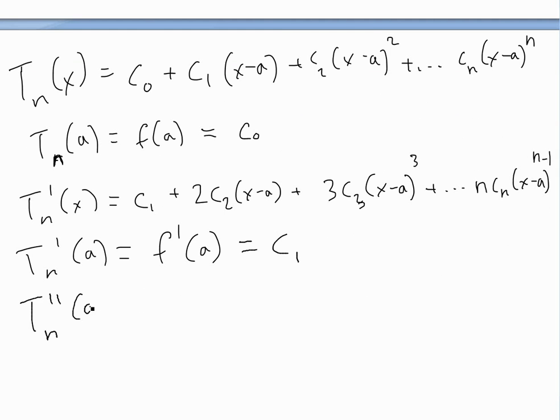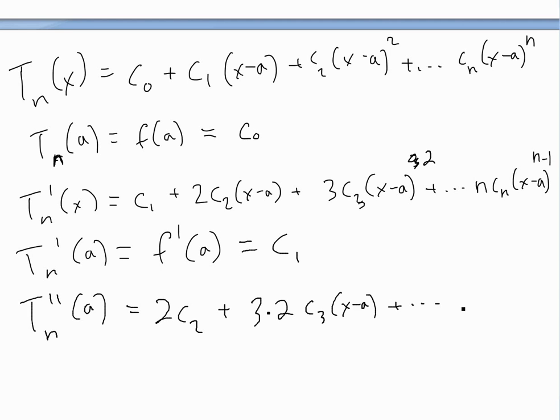And then similarly, Tn double prime of a is going to equal 2c2 plus 3 times 2 times c3 (x minus a), and it keeps going on.